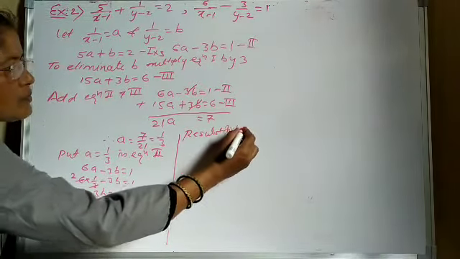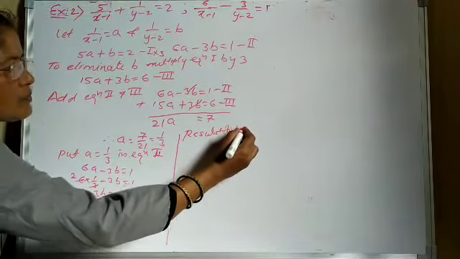So now you take, let 1 upon 3x plus y be equal to m. You can take any variable. And 1 upon 3x minus y is equal to n, and rewrite the above equations.